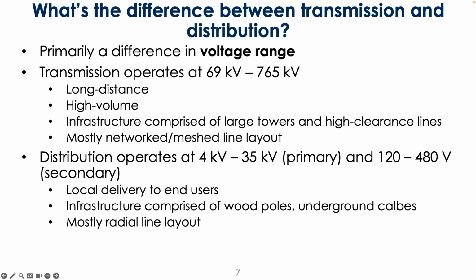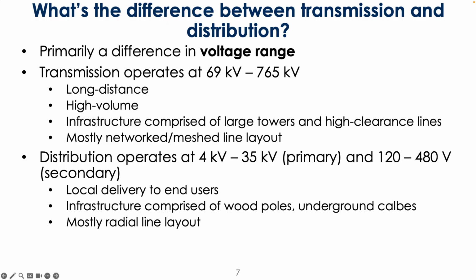We're generally going to say something on the order of 4 to 35,000 volts for our primary distribution system, and then lower for our typical consumer application in the secondary distribution, so 120 to 480. 35,000 is maybe a little bit higher than usual, but there are places that regularly operate at that range, like Southern California Edison, from the LA region.